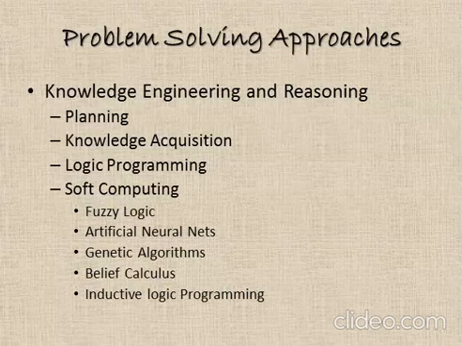It is particularly attached to human intelligence. We will be using probabilistic models, fuzzy logic, neural networks, and algorithms like belief calculus and genetic algorithms. All these things constitute soft computing technology.